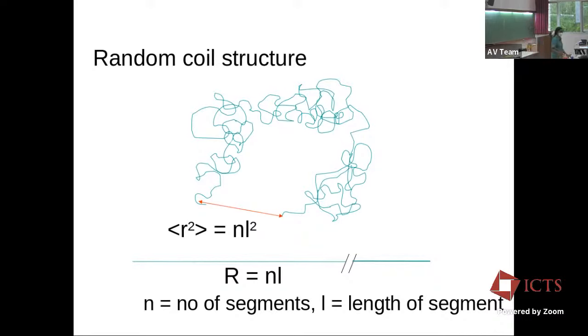So as I said, when it goes back, this is the state in which the number of degrees of freedom is less, meaning the entropic state is lower. Have you heard of entropy? Entropy is related to what? The number of degrees of freedom, right? So the higher entropic state is the coil state, and it would like to go back to it.